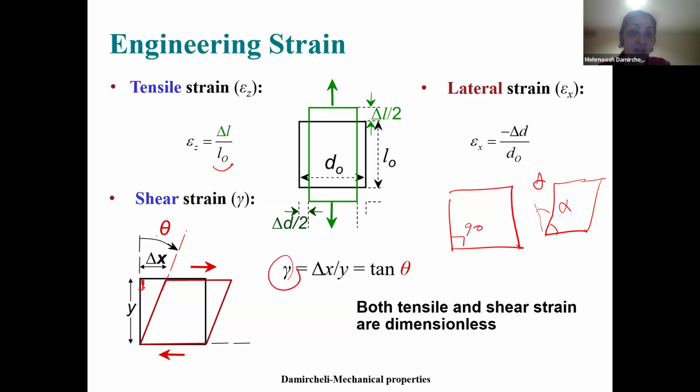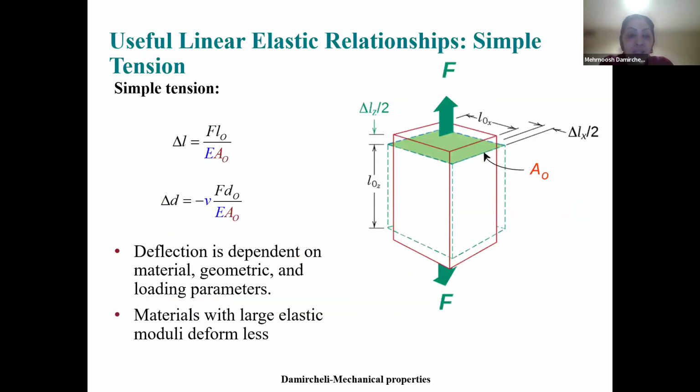But for normal strain, it is better to say it is the change in the length or diameters, meaning lateral or axial strain. Okay. There is a useful linear elastic relationship that is only valid in the elastic region for tensile loading. It says delta L is F, or the summation of forces depending on the free body diagram at that cross section, times L naught per E A naught.